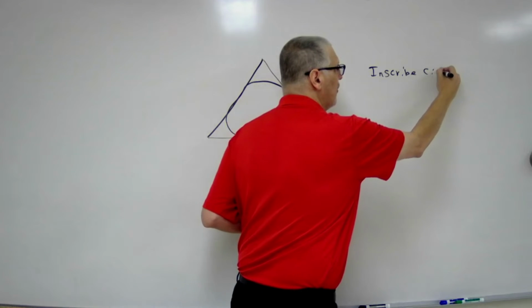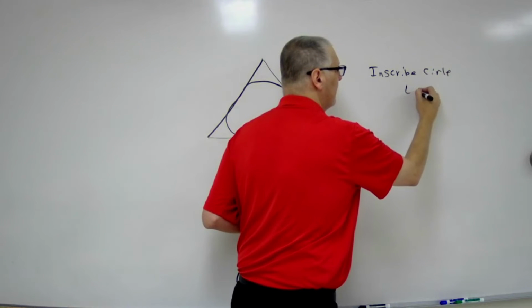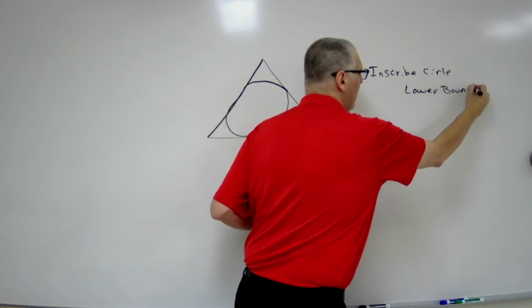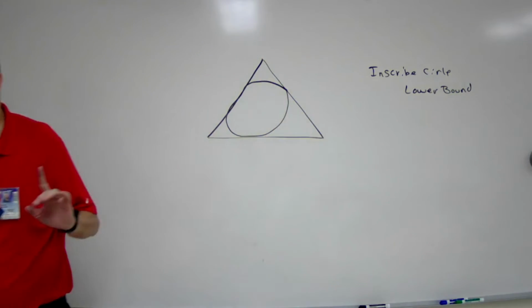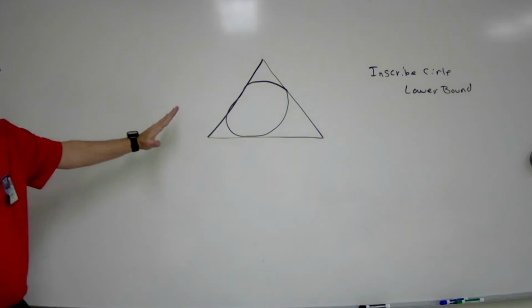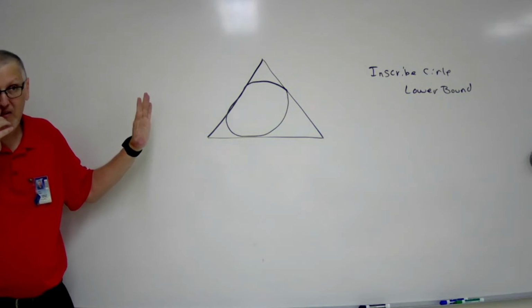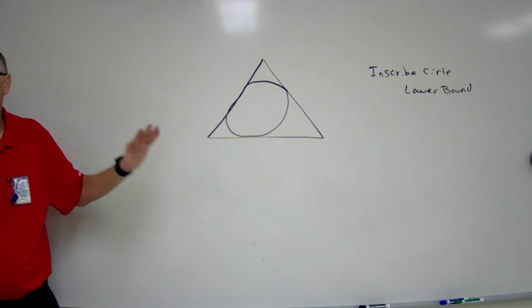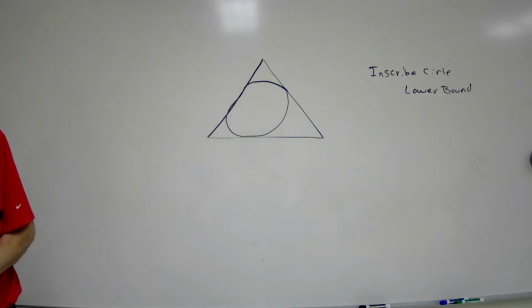I would call it a lower bound, because I know the area of that shape. Even though it's a triangle, it's some shape, because this really represents any shape. We know that's going to be a lower bound, and we know the area is going to be bigger than that, right?